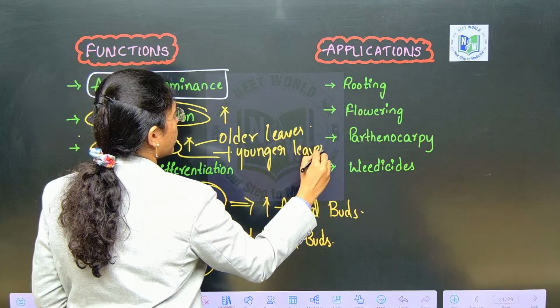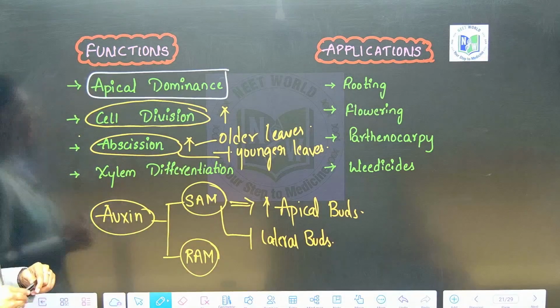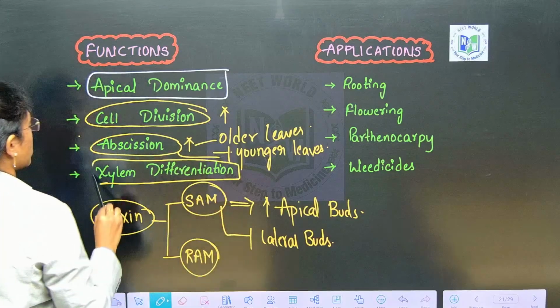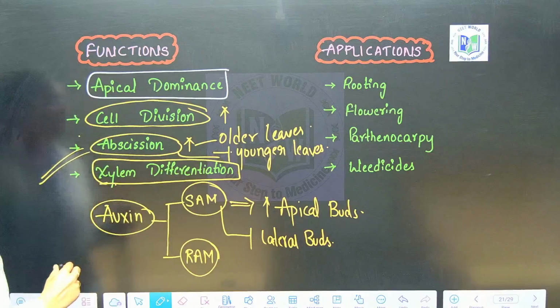Next is xylem differentiation. Xylem differentiation is also done by auxin itself.